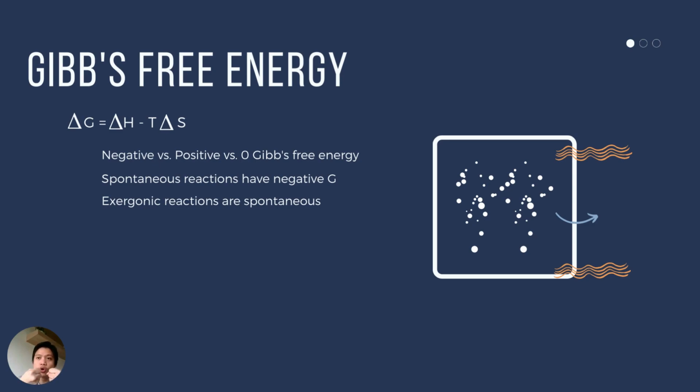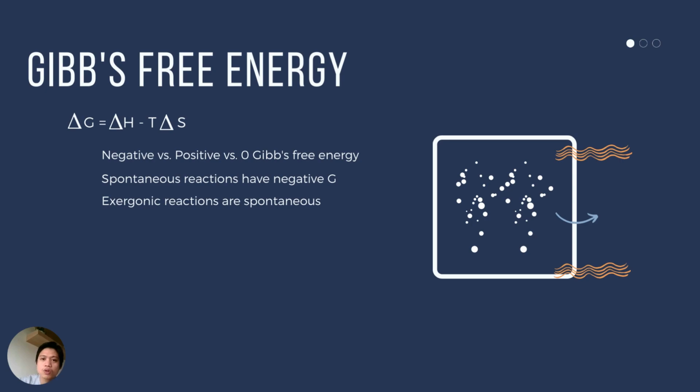If you create a change such that the particles dissolve or the particles start to move, you need to overcome enthalpy. And as you overcome enthalpy, you release the energy between the particles in the form of heat.